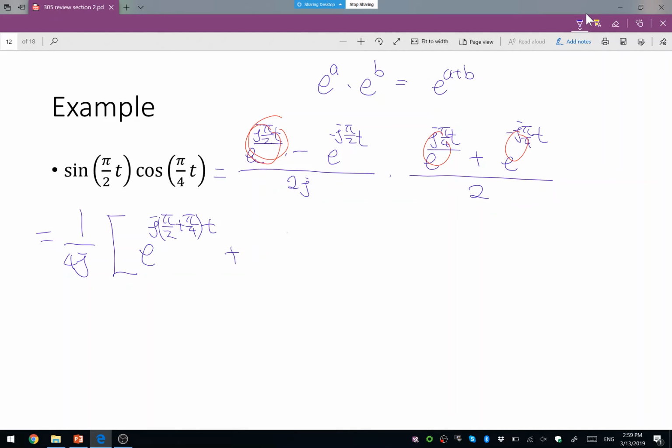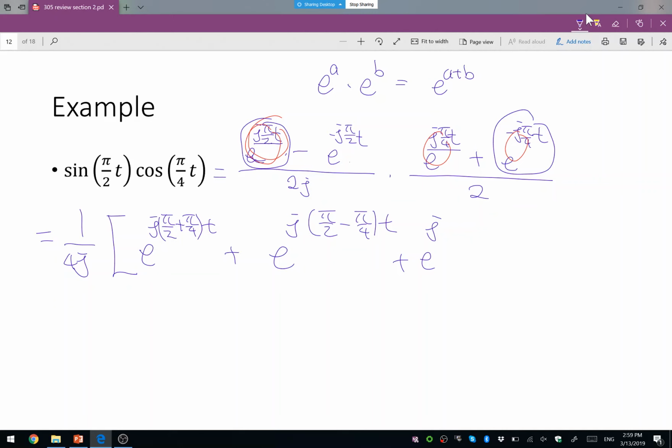And we do the same thing for the rest. This one multiplied by this one is e to the power of j times pi over 2 minus pi over 4 times t, plus e to the power of j.